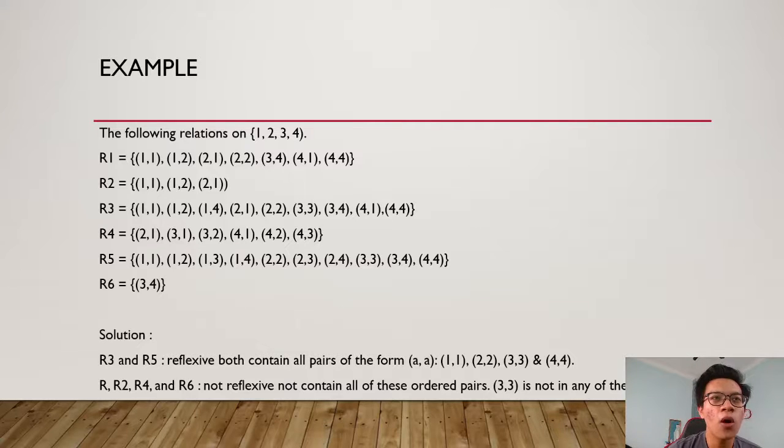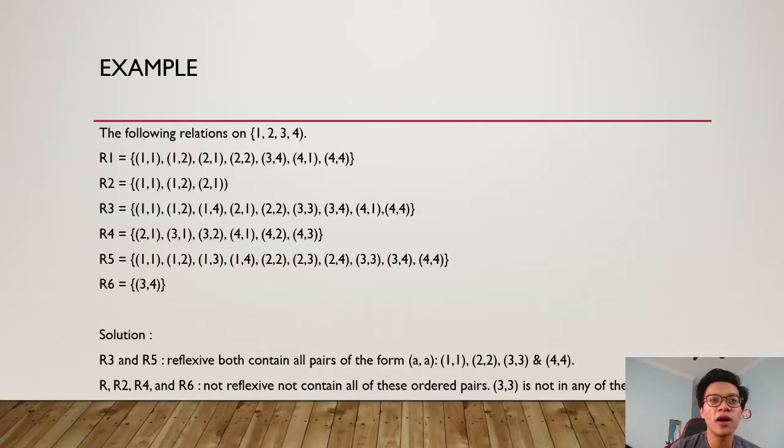For R4 we have (2,1), (3,1), (3,2), (4,1), (4,2), and (4,3). R5 is (1,1), (1,2), (1,3), (1,4), (2,2), (2,3), (2,4), (3,3), (3,4), and (4,4). For R6 we have only (3,4).